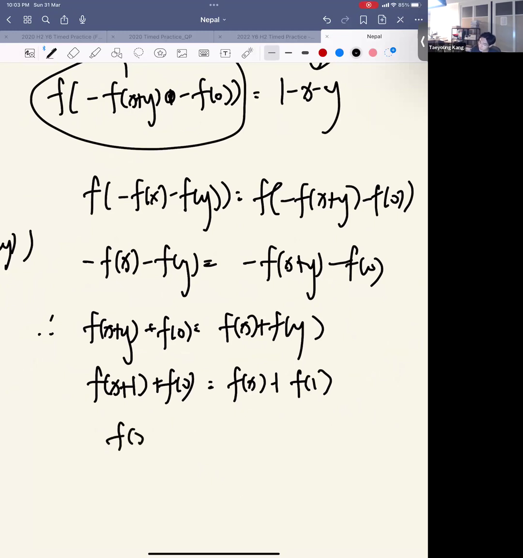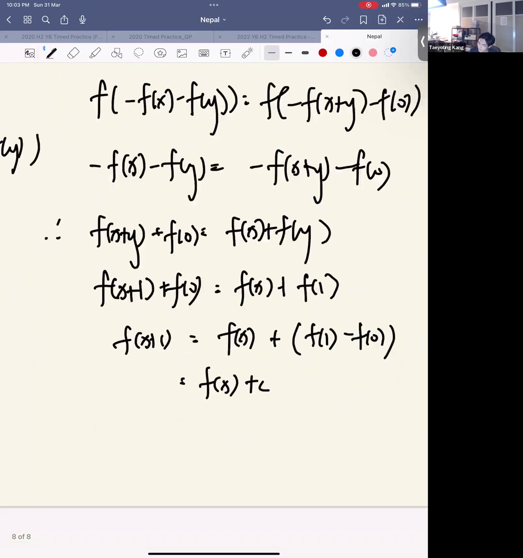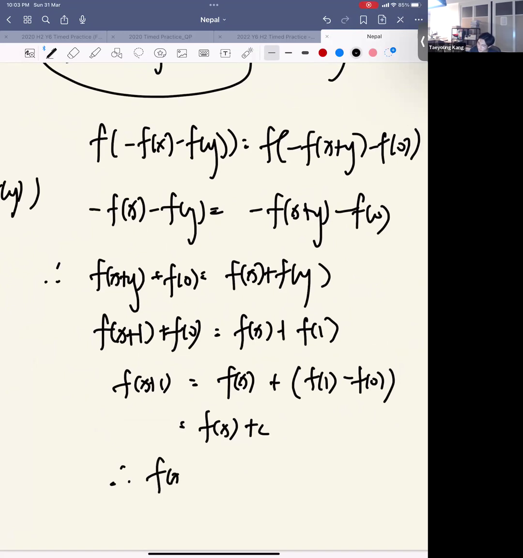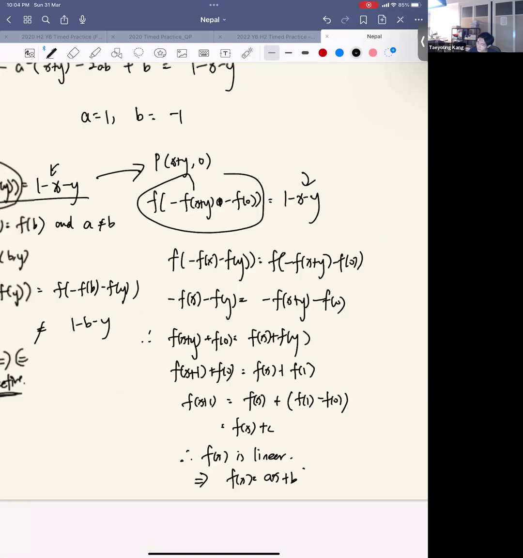So f(x+1) is equal to f(x) plus f(1) minus f(0), which is f(x) plus c. Hence, f(x) is linear, which implies that f(x) is equal to ax plus b. And we finish using the same method.